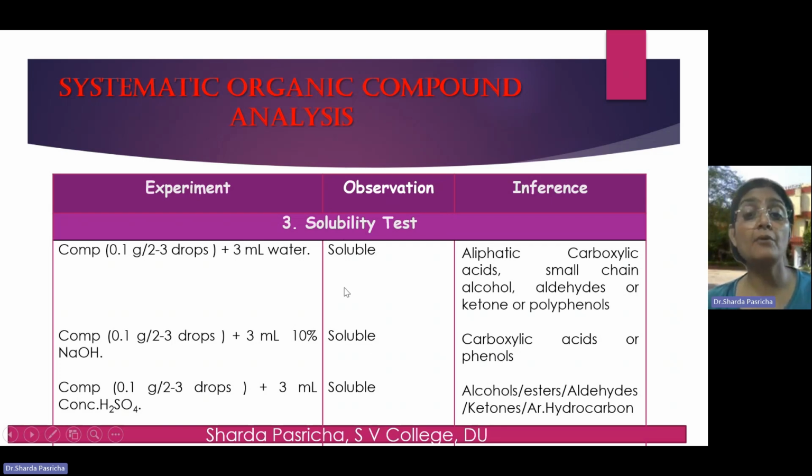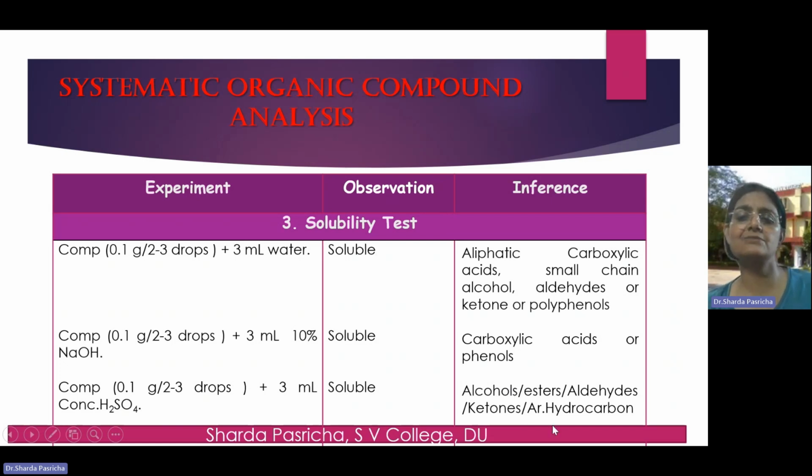If your compound is not soluble in either of these, then only we go and do the concentrated sulfuric acid test. Again, 50 milligrams of your compound or 1 to 2 drops of the liquid compound. Then add 2 to 3 ml of concentrated sulfuric acid, the bench reagent. If you see that the compound becomes soluble, the compound could be an alcohol.